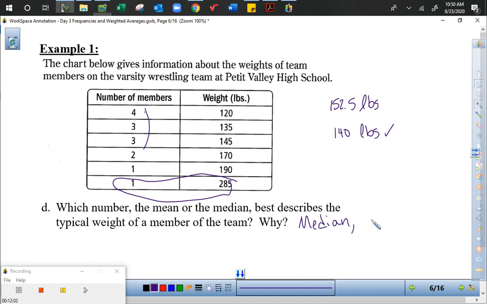And the reason why is because the mean is affected by that 285-pound member.